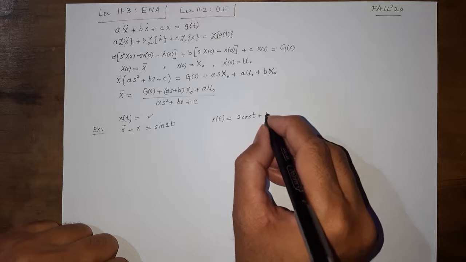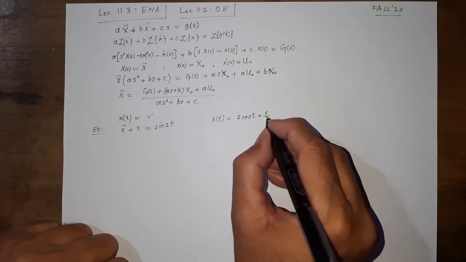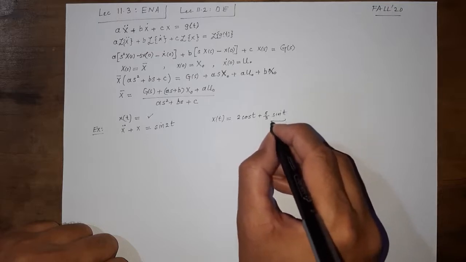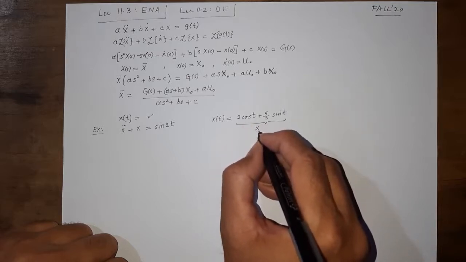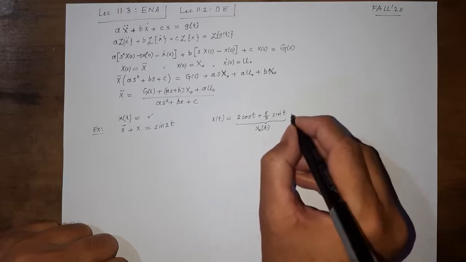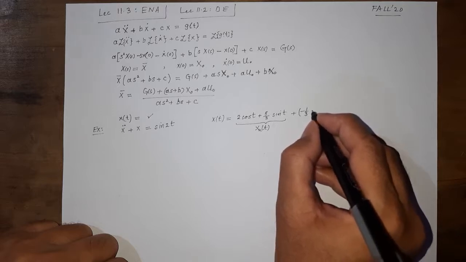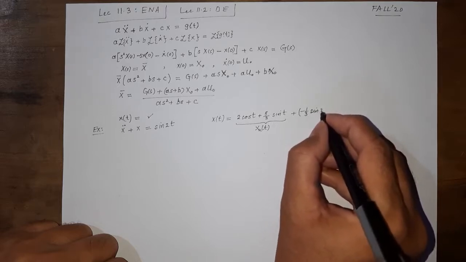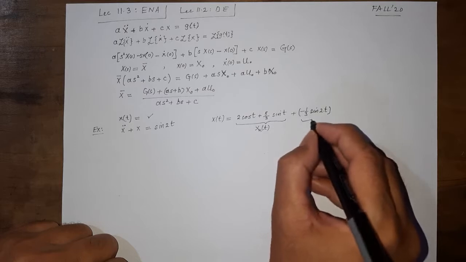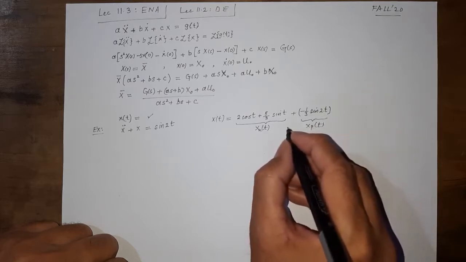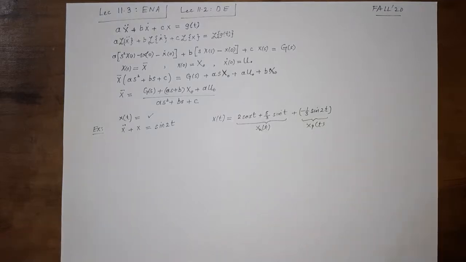So we are going to get a homogeneous solution. This is the homogeneous solution xh, and this would be the particular solution, and we know the overall solution is actually sum of the homogeneous solution and the particular solution.